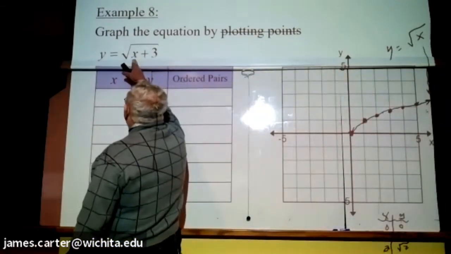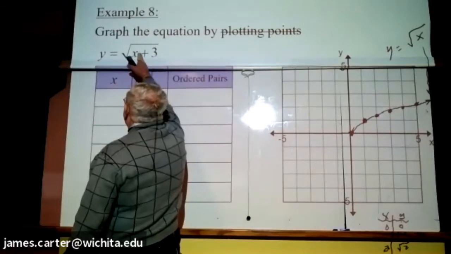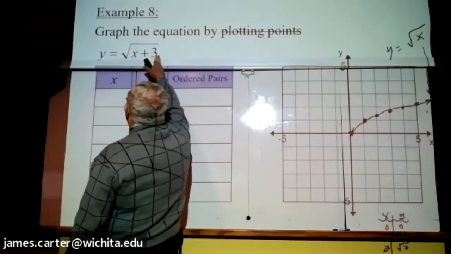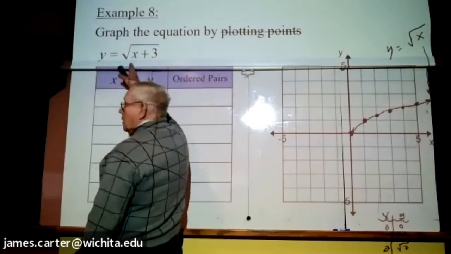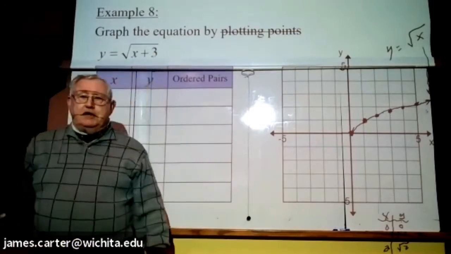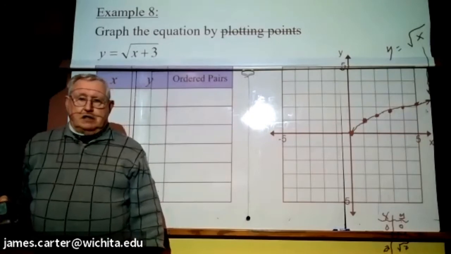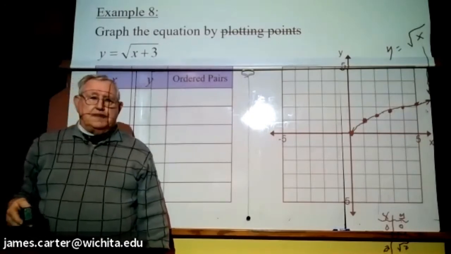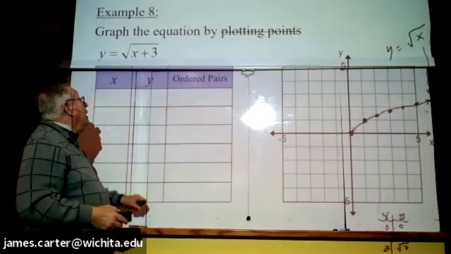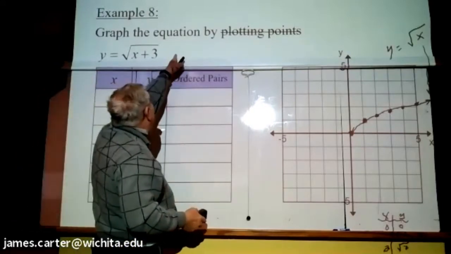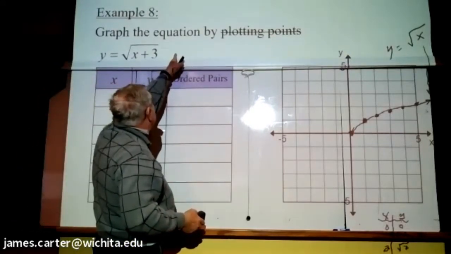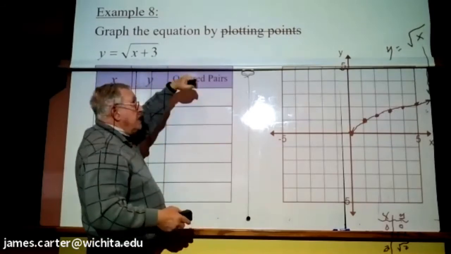If there's a number added to the x inside of parentheses or under a radical, it will move the graph opposite of sign that far left or right. Okay, opposite of sign. If there is a number out here outside of parentheses or radical, then it moves it up or down.